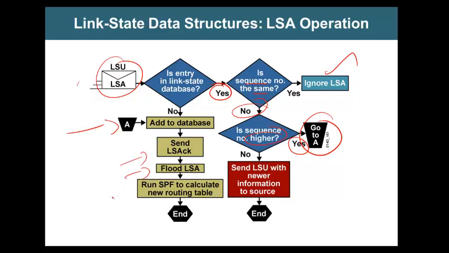So this is how the OSPF distribution of route information, the distribution of database, gets synchronized without any confusion, because they use sequence number. Sequence number helps them to have a unique database. If there is no information in the database, whatever comes in, it adds to the database.